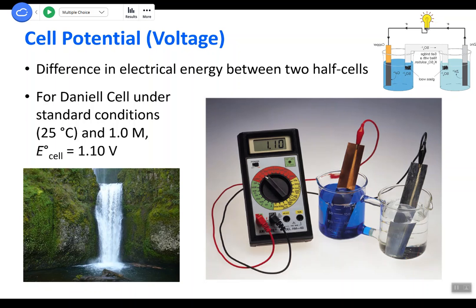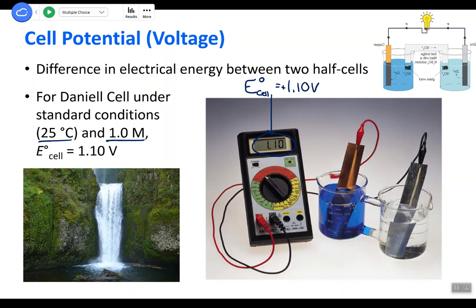For this Daniell cell that we were looking at before with zinc and copper, if we hooked this up to a voltmeter and measured the potential difference between the cathode and the anode with 1 molar solutions at 298 Kelvin, or 25 degrees Celsius, the voltmeter will give a standard cell potential, because this was done under standard conditions of 1 mole per liter and 25 degrees Celsius, of 1.10 volts.